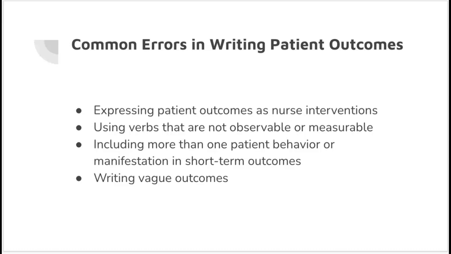This is just the introduction of that. All right, so you made it to the end of the planning and outcomes slide. Next we move on to our implementation of the plan of care.